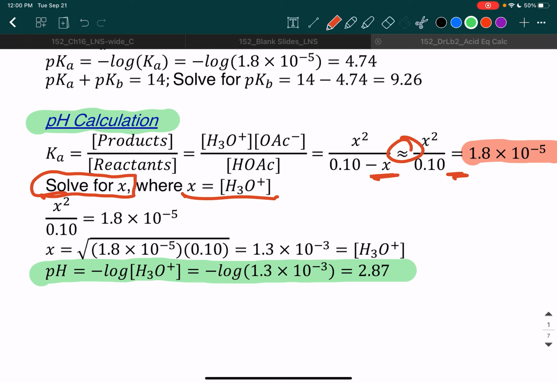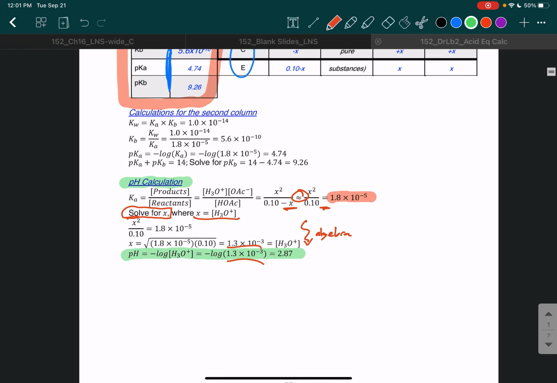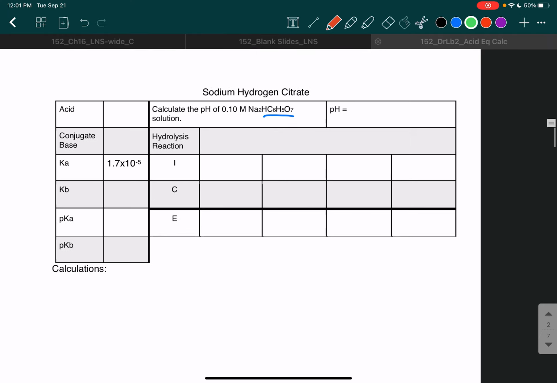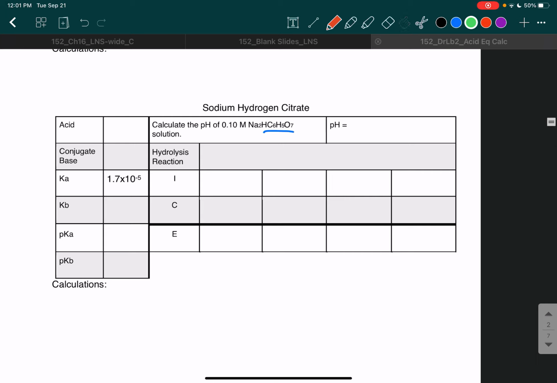A little bit of algebra as you go down there, and then you plug and chug into the pH formula. Basically, you do that each time here. You can just, for that one, drop that sodium out of there as a spectator ion, and your hydrogen there.